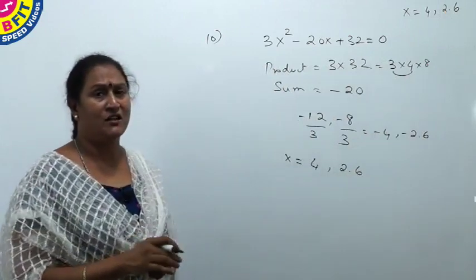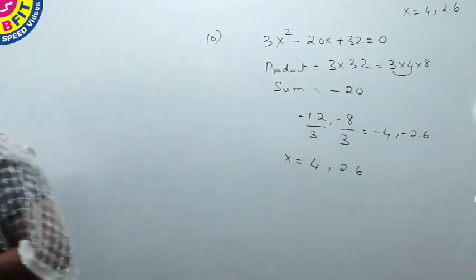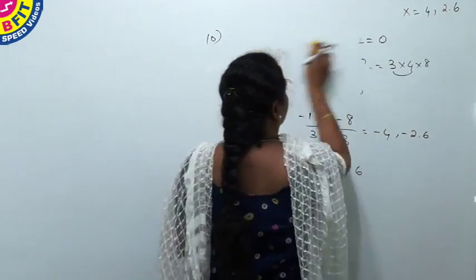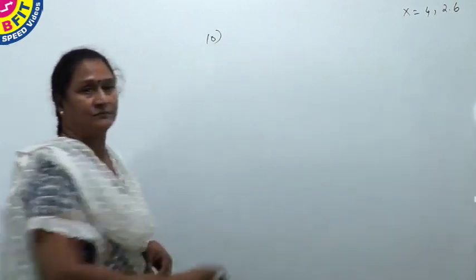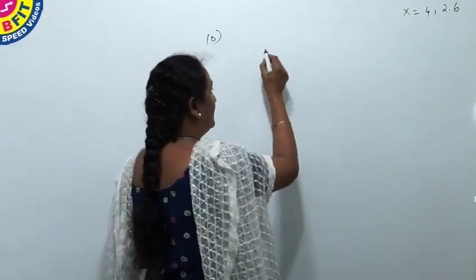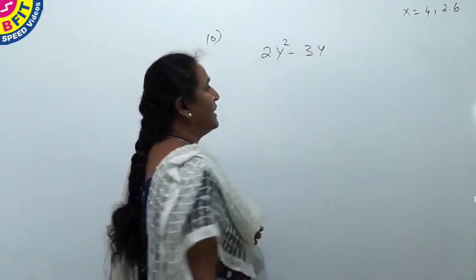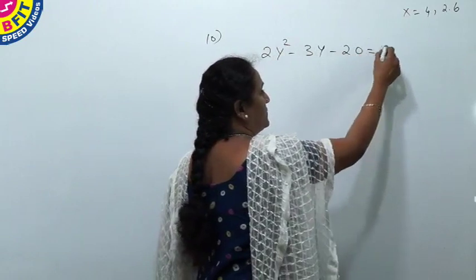So now we'll solve the second equation to get the values of y. So the second equation is 2y square minus 3y minus 20 equal to 0.